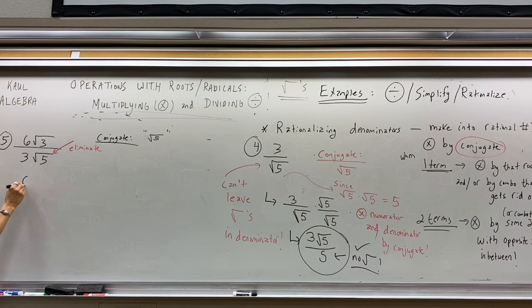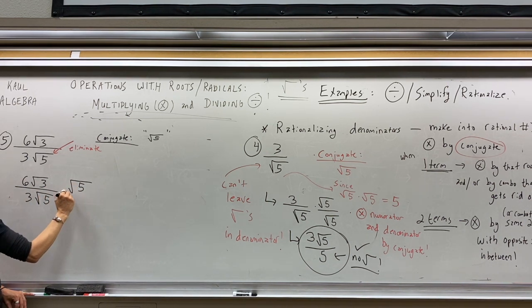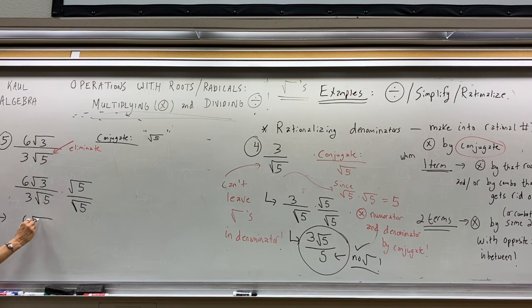So here I'm going to have 6 square root of 3 divided by 3 square root of 5 and multiply by, I see that I can already reduce this. I didn't pick the best problem here, but it'll work. I'm just going to multiply by the square root of 5 over the square root of 5. And what that does is give me 6 square roots of 15 over 3 times 5.